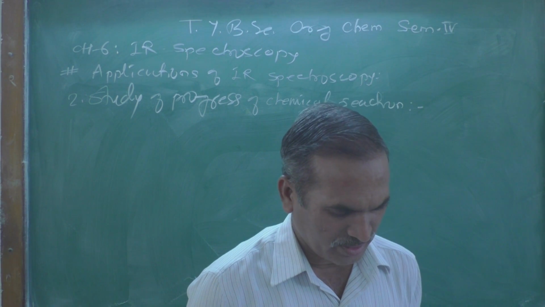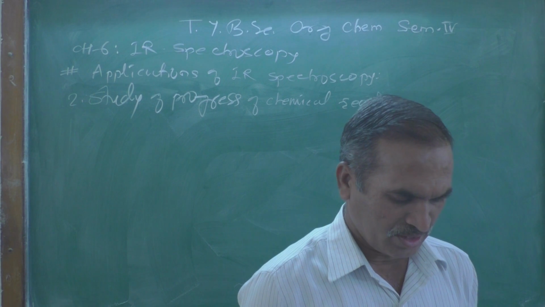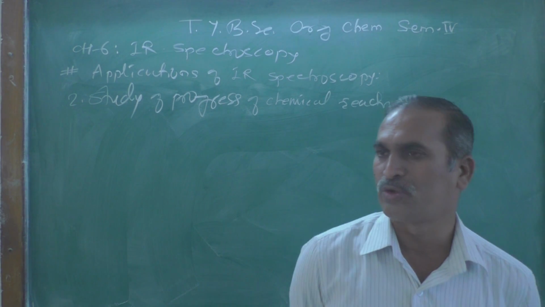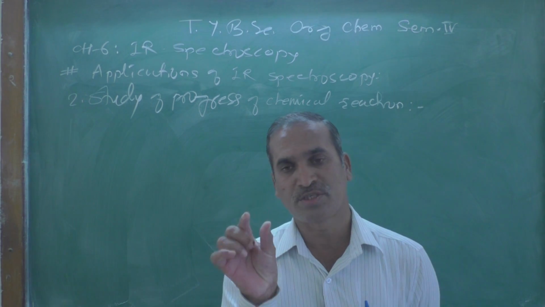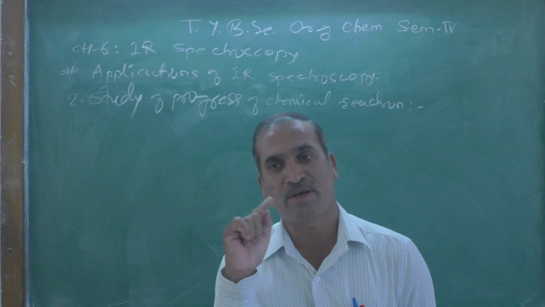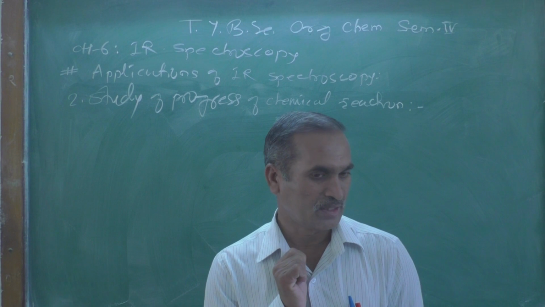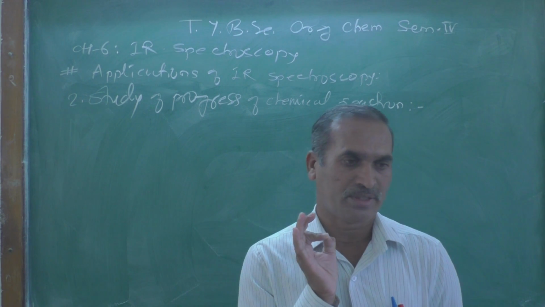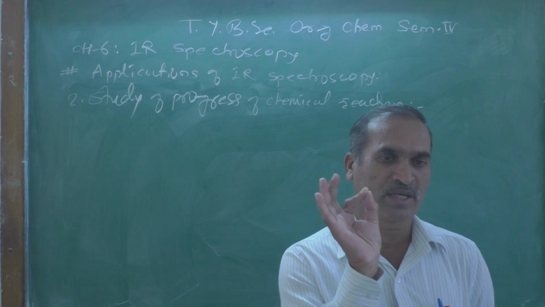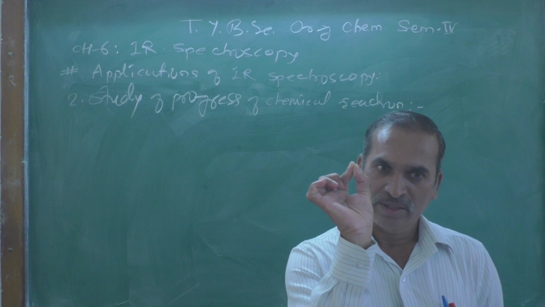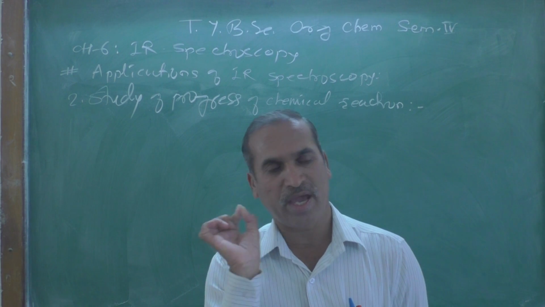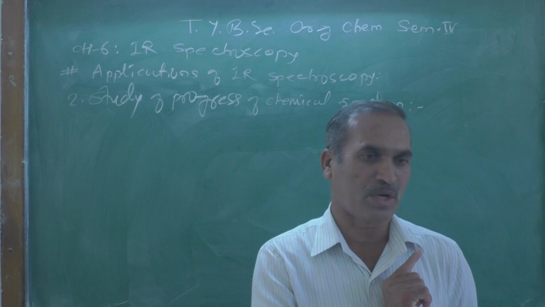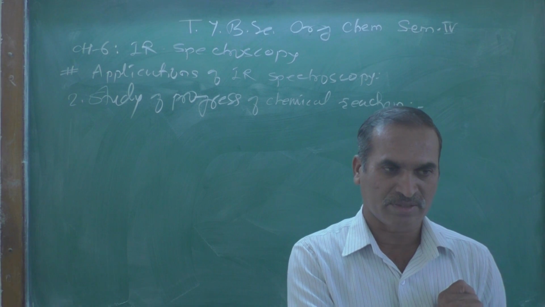most chemical reactions involve changes to a functional group. As I already told you, functional group means site of reaction. The changes occur at a particular part of the organic compound. The other part of the organic compound remains as it is.